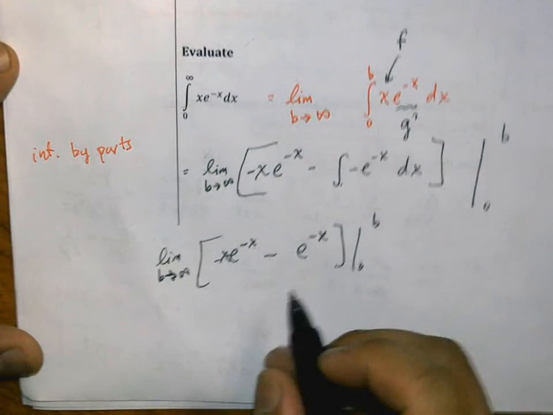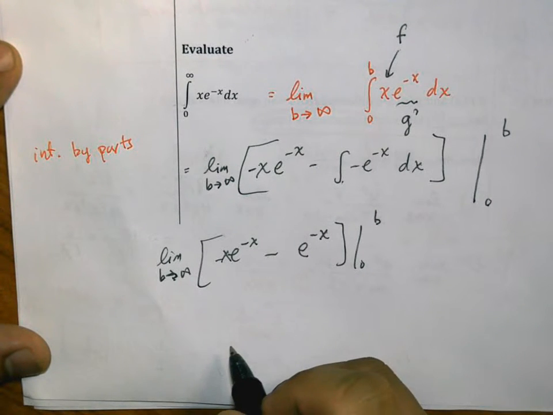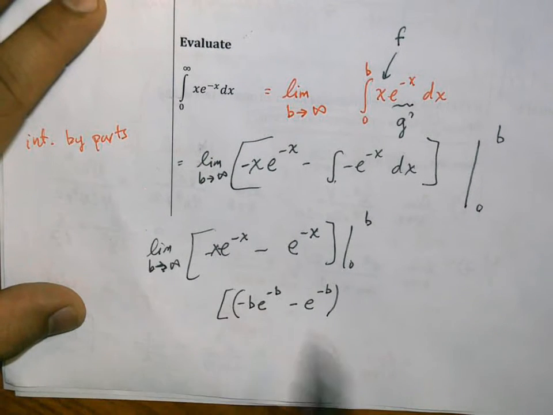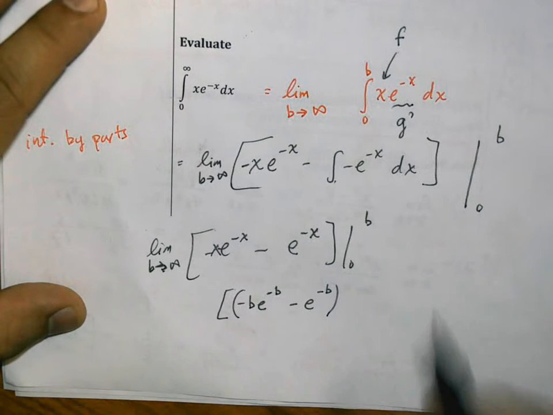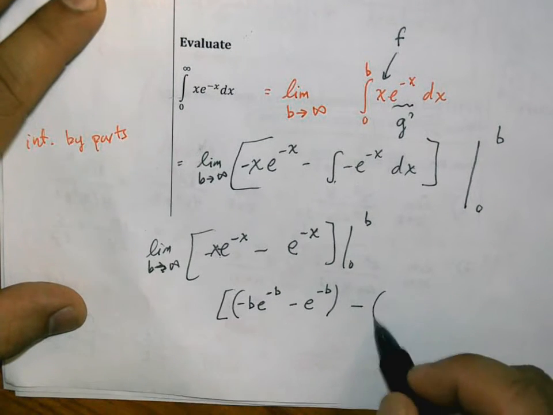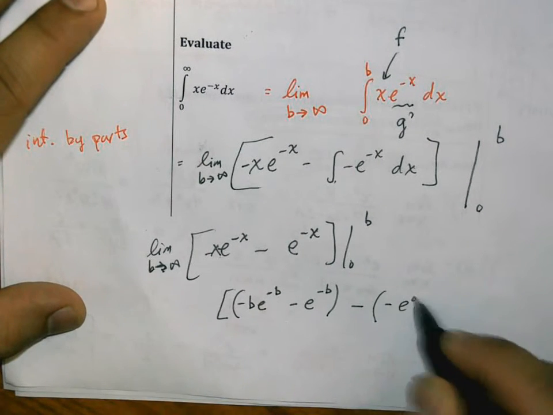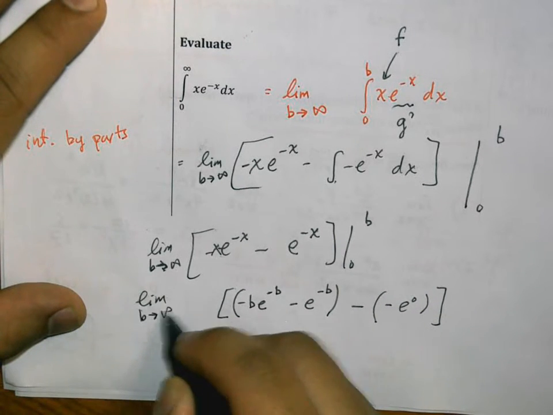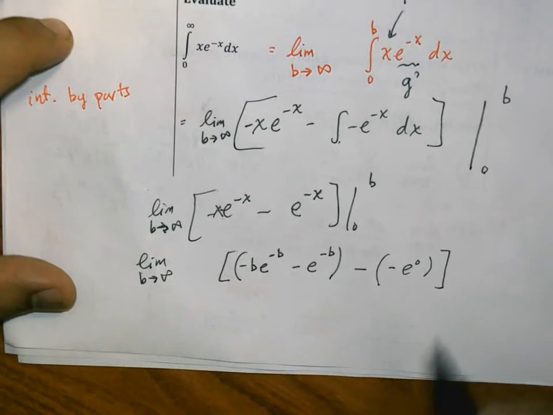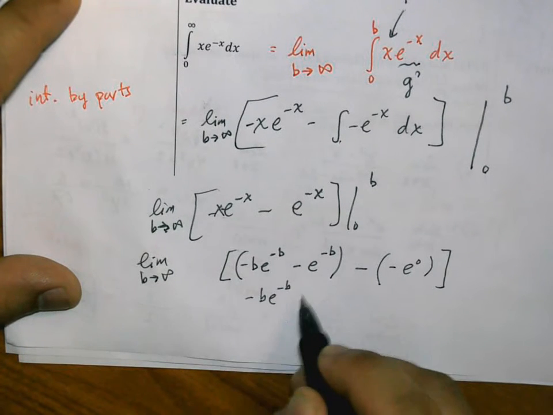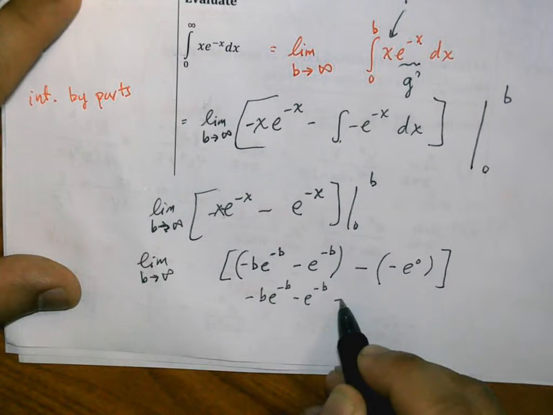We end up with negative b e to the negative b minus e to the negative b minus, when I plug 0 into here, I'm going to get 0, and then negative e to the 0, which is just 1, and we're taking the limit of all of this as b approaches infinity. This becomes positive 1, so this is negative b e to the negative b minus e to the negative b plus 1.